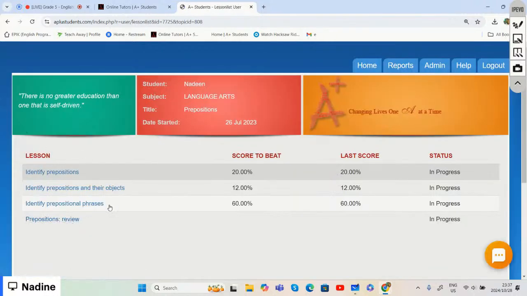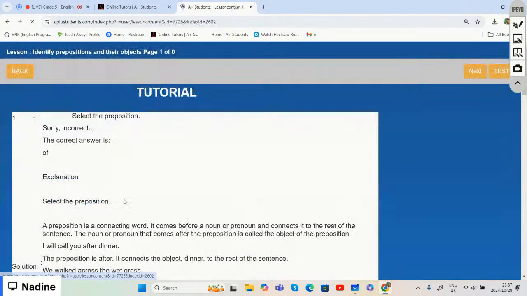Now we're going to identify prepositions and their objects. Remember, we said that the noun or the pronoun that comes after the preposition, we call that the object of preposition.